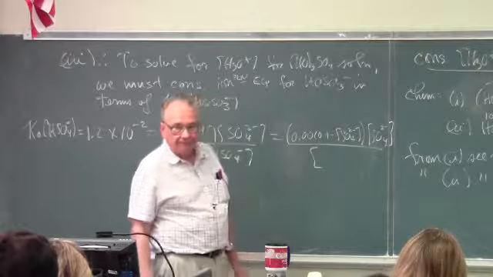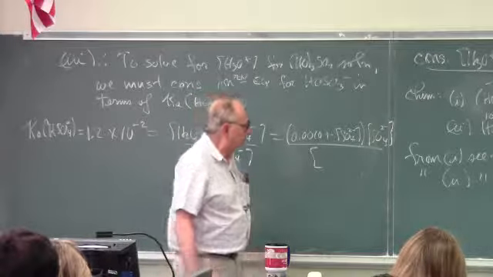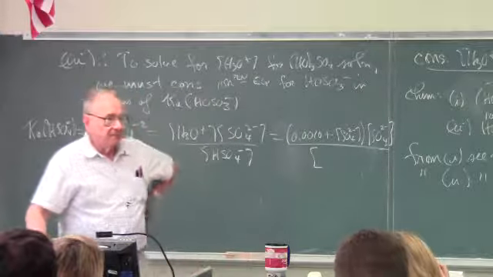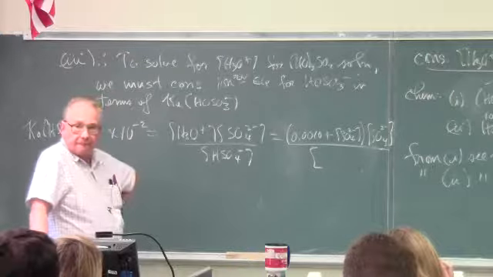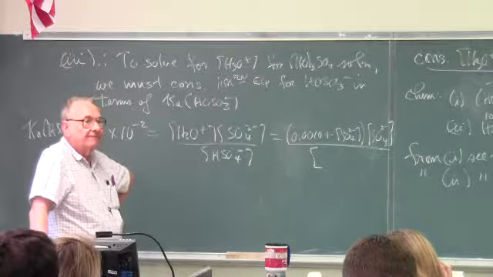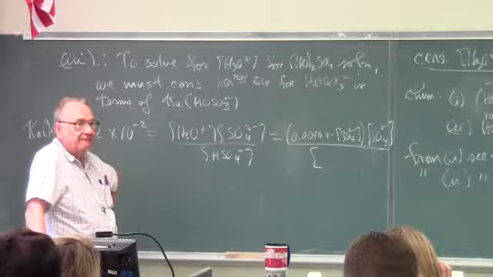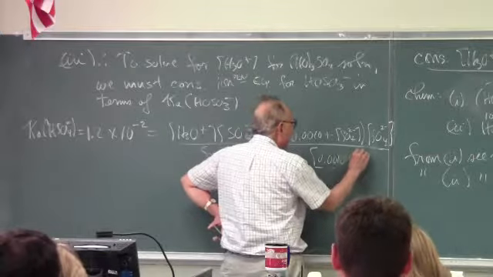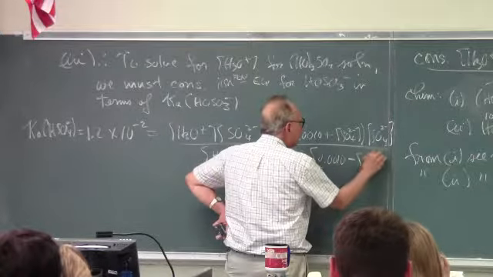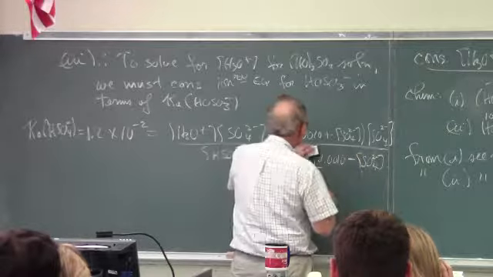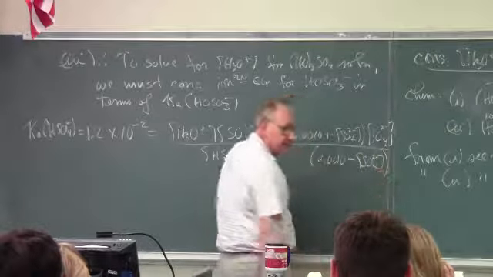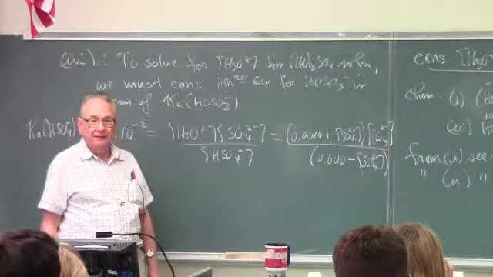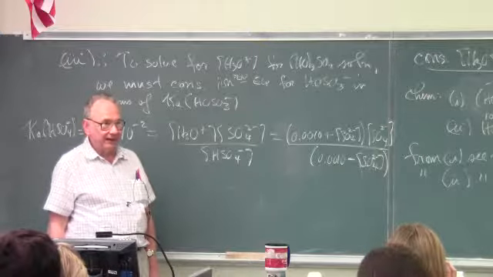Now, what would you like to write down here instead of the hydrogen sulfate ion molarity? Tell me. You know. M sub I minus... What's M sub I? 0.0010. Like that? How many unknowns we got now? Can we solve it? You're darn right.